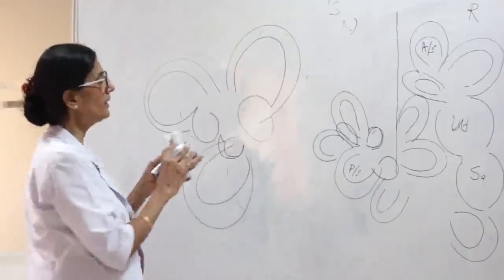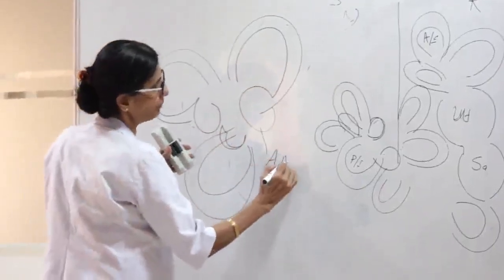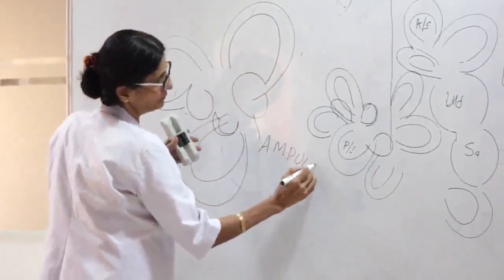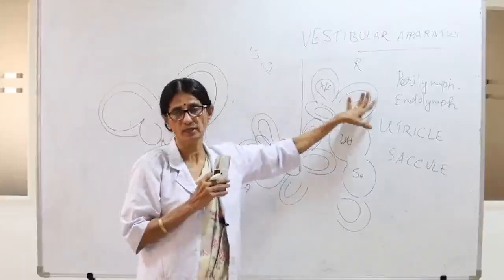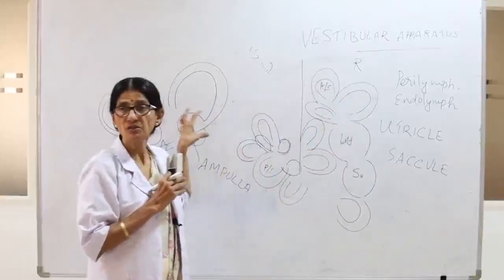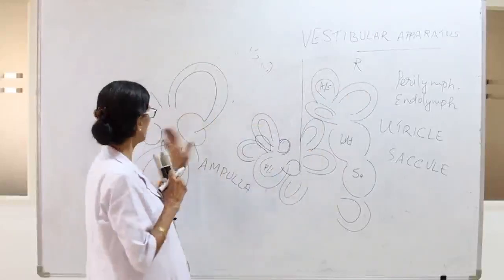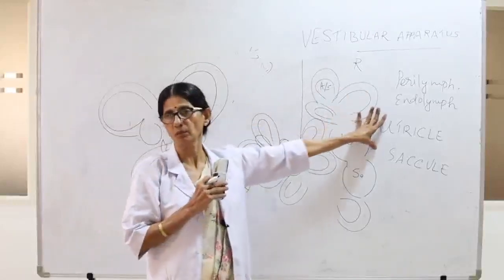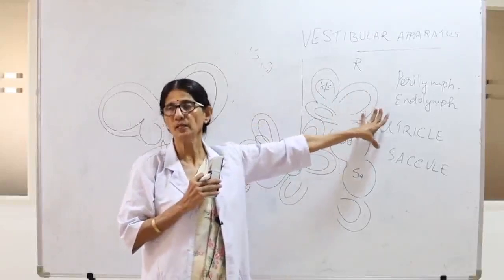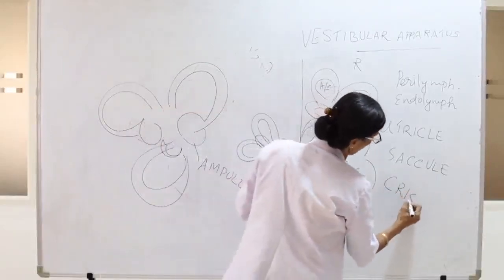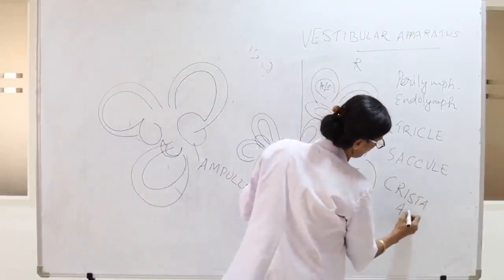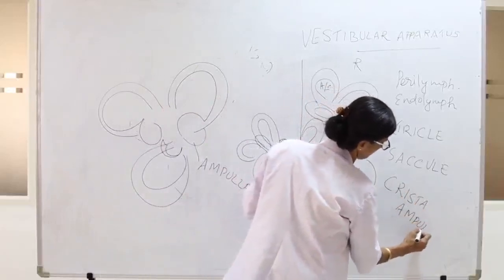It is this dilated portion which is called an ampulla. So we see there are 3 ampullae on either side. The sensory receptor seen in these dilated ampullae is known by the name of cristae ampullaris. So the sense organ is called the cristae ampullaris.